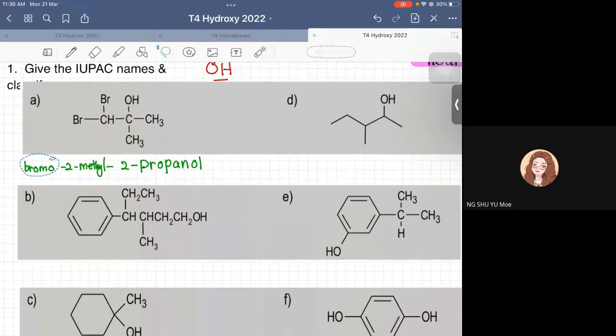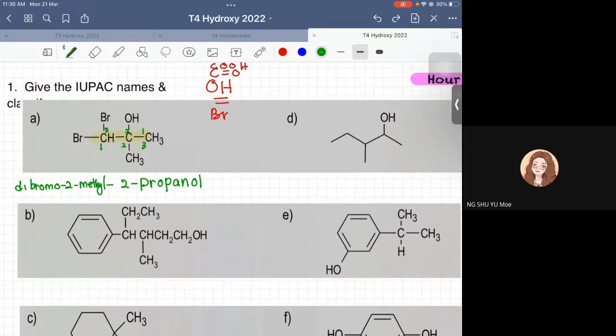Bromo pun ada 2. So it is dibromo. Okay. Bromo duduk dekat mana? Dibromo ni duduk dekat mana? Dekat carbon number 1, 1. So 1,1-dibromo-2-methyl-2-propanol.